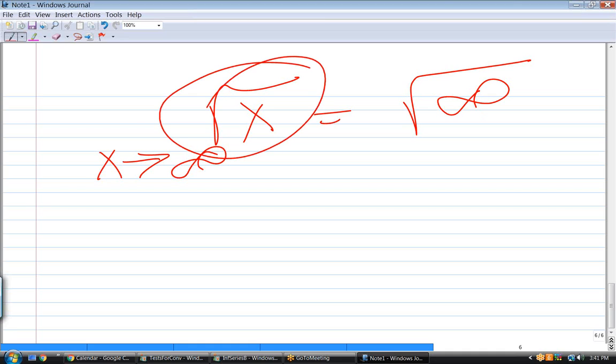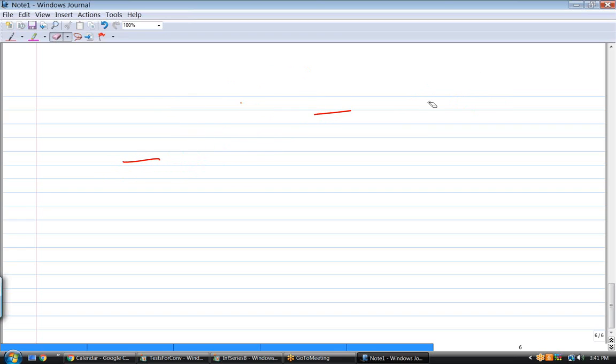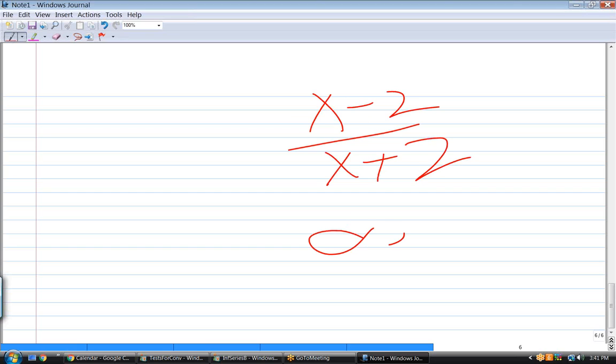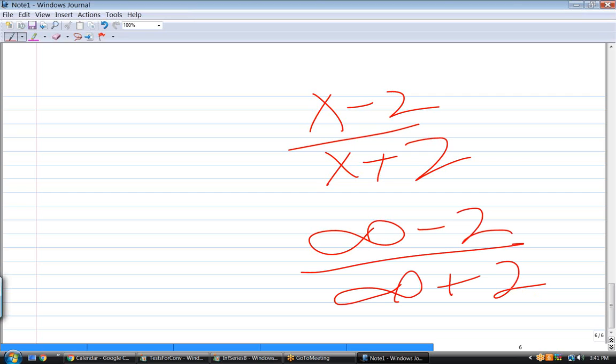I know that that's infinity. But where it might be useful is when you have something like x minus 2 over x plus 2. And now it's not as clear what the limit of that is. But it's still the ratio of the coefficients, 1 to 1, or negative 1 to negative 1, which is 1.